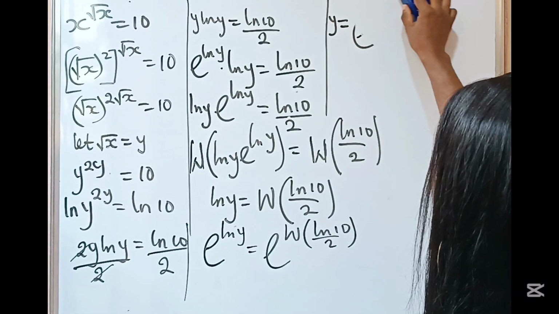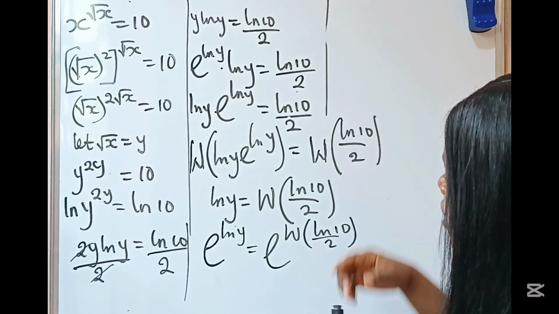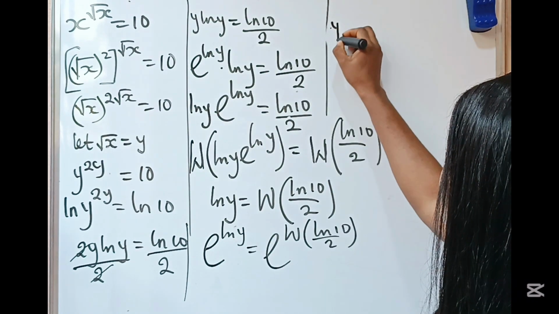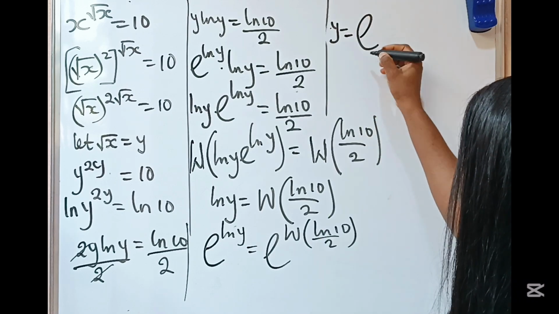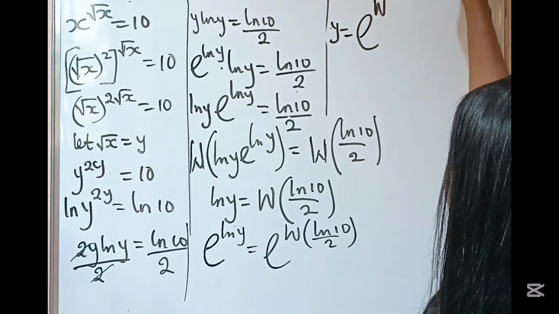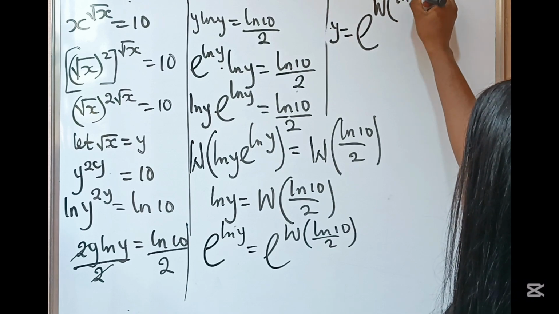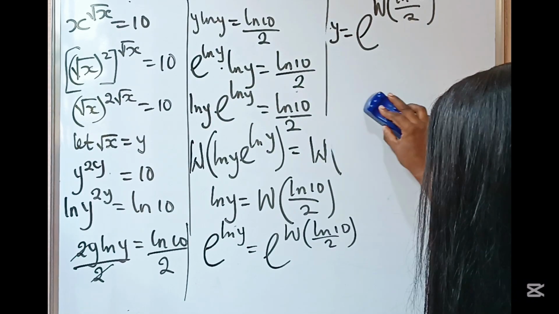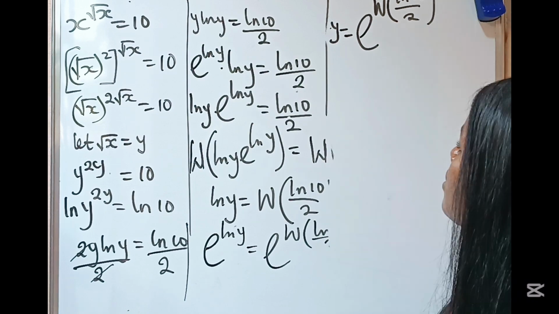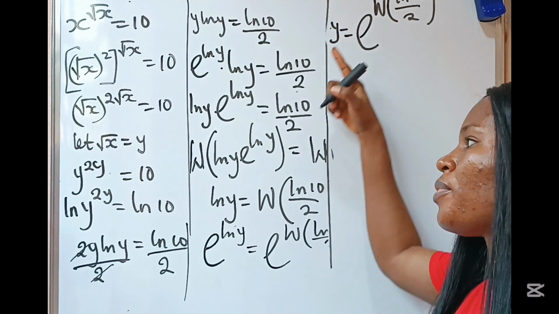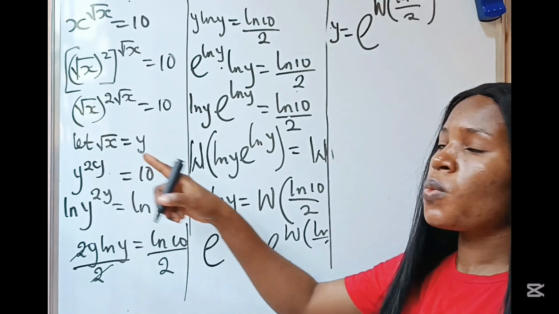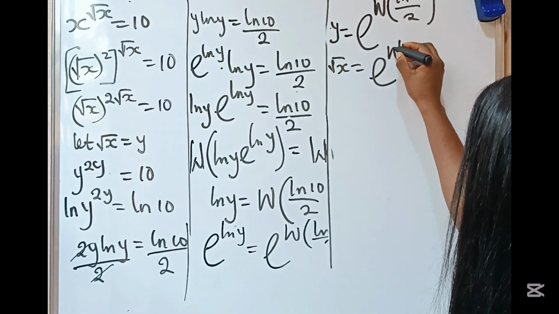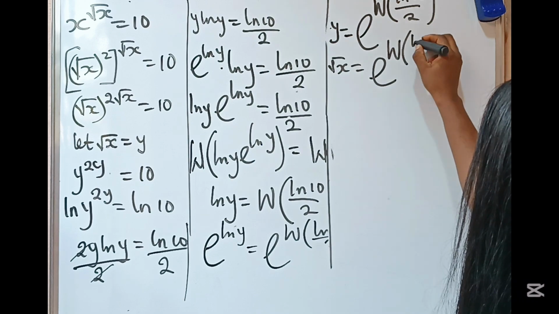So this will give me y, like I said, is equal to this side, e to the power of the Lambert W function of ln 10 divided by 2. Now that we have our y, root x is equal to y, so we can write root x is equal to e to the power of the Lambert W function of ln 10 divided by 2, right?